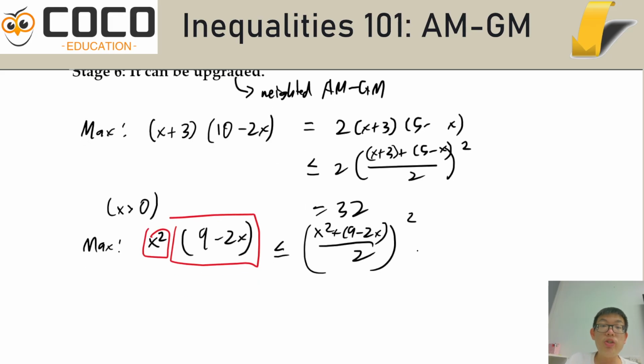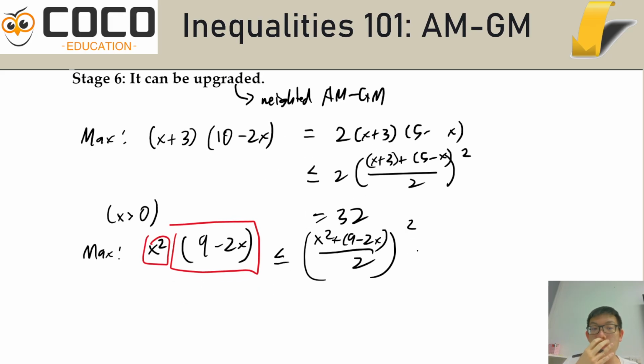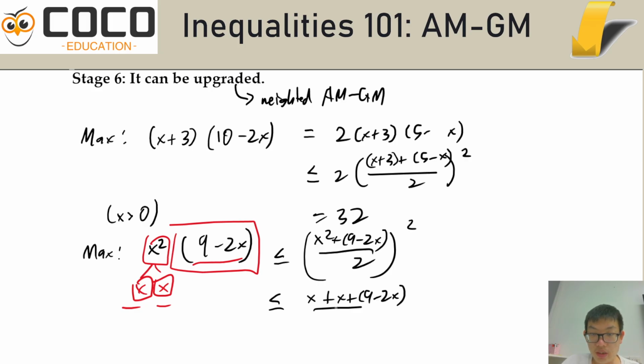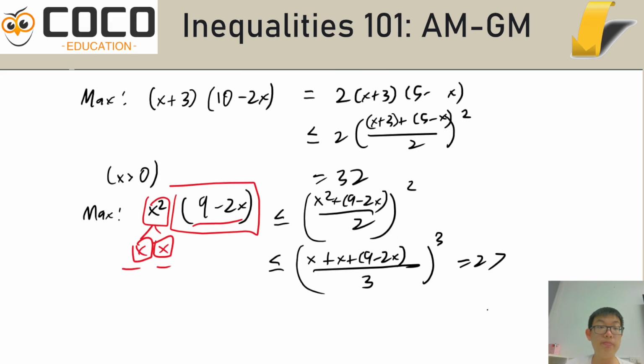However, you are able to make things appear more, if you want them to, by chopping it up into x and say, you know what? I don't have two things. I have three things. So with x, x, and 9 minus 2x, I have got this statement here, which gives me the value I want.